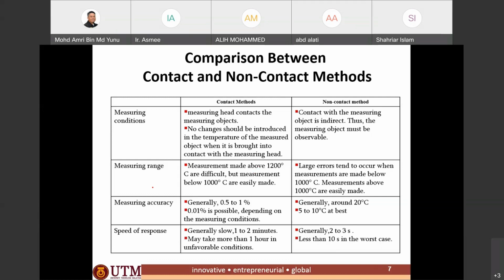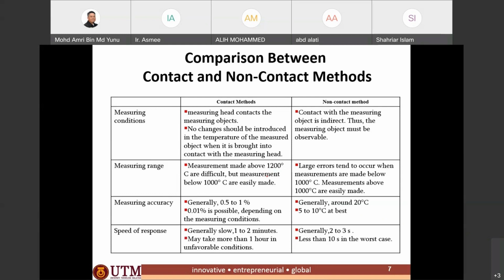So in terms of the range for contact, measurements above 1.2 K degrees Celsius are difficult. More than 1.2 K or 1,200 degrees Celsius may have an effect on the structure of the measuring device.